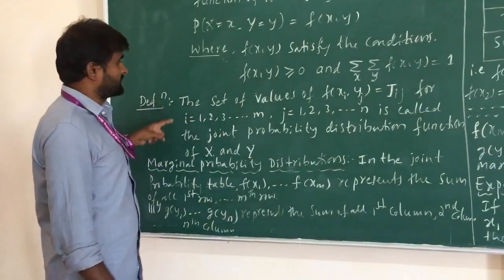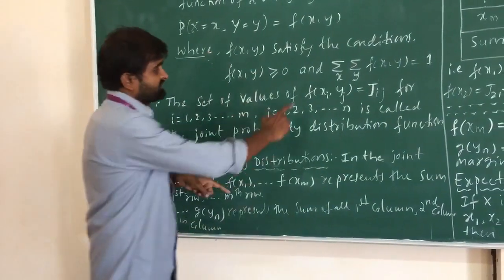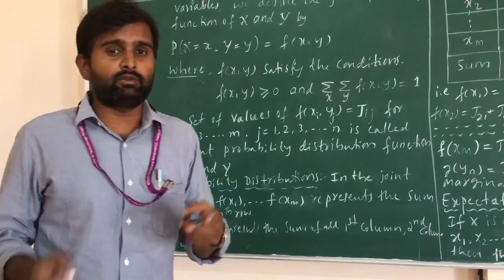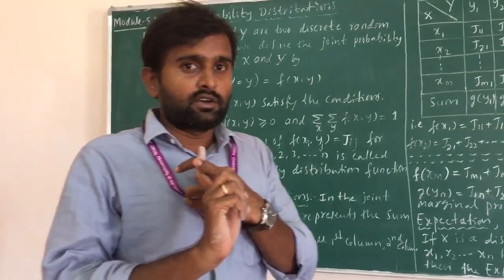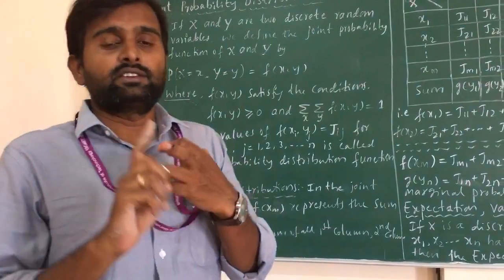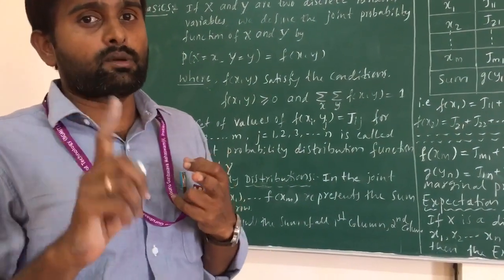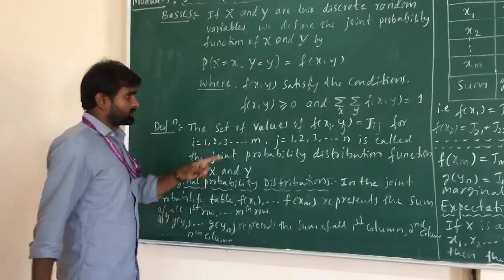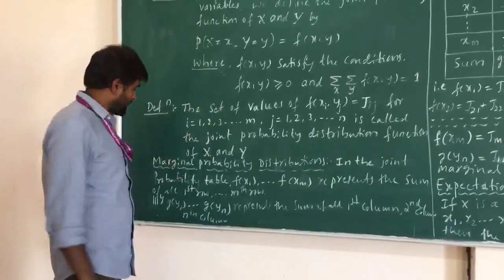So this function we call a joint probability distribution. When we have a function of x and y, that is called a joint probability distribution, the joint probability function of x and y.